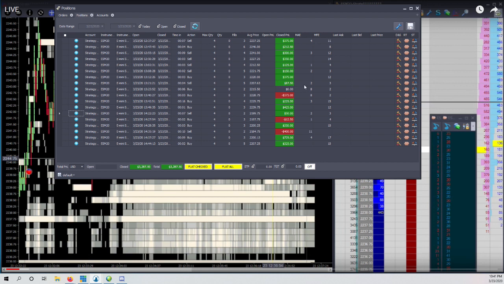This $87.50 win, this was actually a loss. I know the MFE is a little screwed up on this one, some of it is a little screwed up, but there's certain trades where I take just a little bit of loss because I believe 5 ticks at 2 contracts is $125.